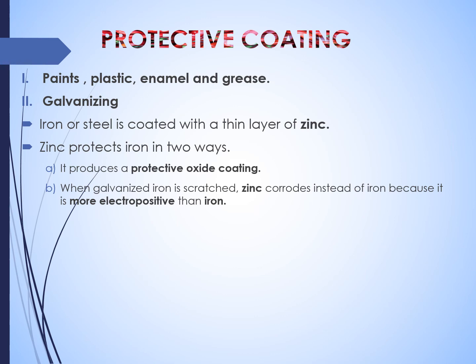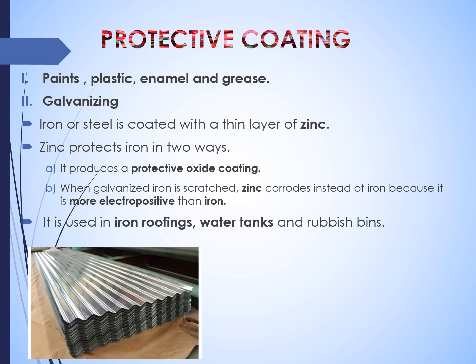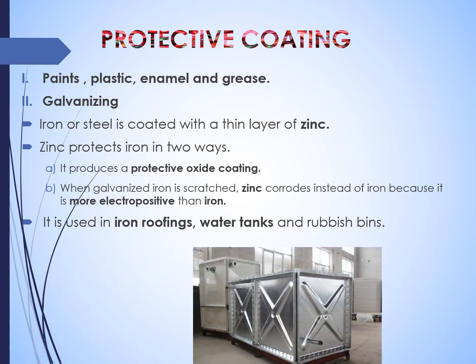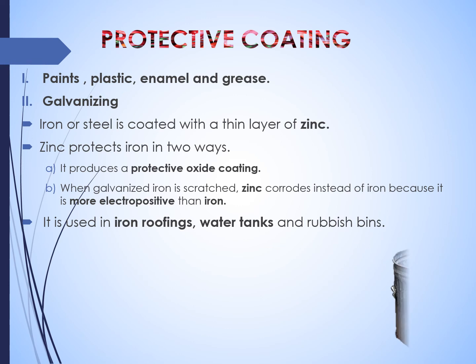It produces a protective oxide coating. When galvanized iron is scratched, zinc corrodes instead of iron because zinc is more electropositive than iron. It is used in iron roofing, water tanks, and rubbish bin. So this is called galvanizing.